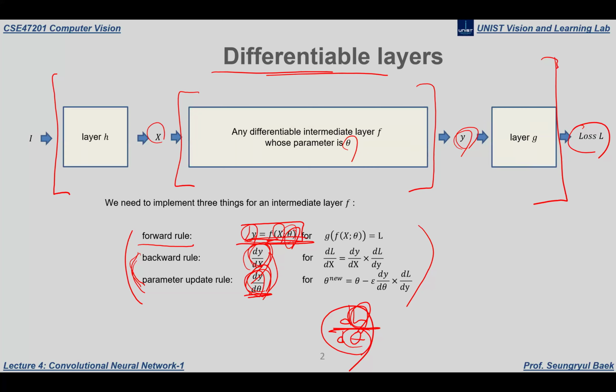We can access all the parameter vectors inside the entire deep architecture, and using the gradient descent formula, we can update them. So we can train all the parameters inside the deep architecture.